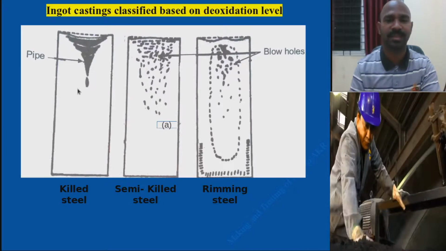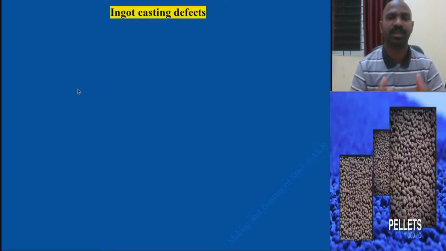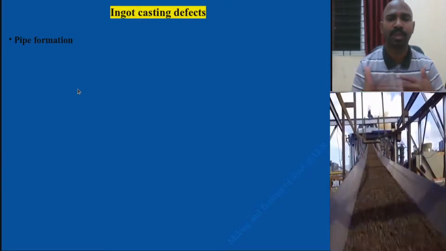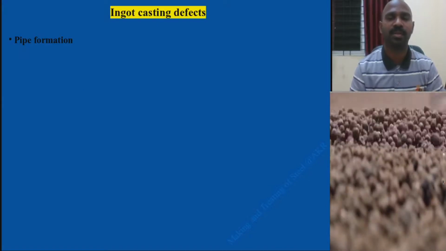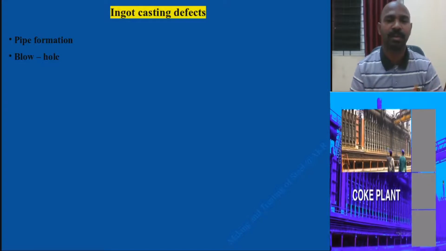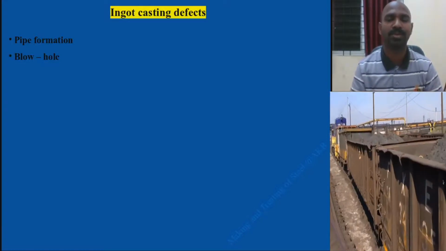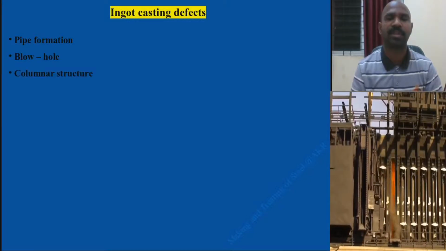Remember these points. Now coming to the conclusion about ingot casting: pipe formation is mainly seen in killed steels, and blowholes are usually observed in semi-killed steel and rimming steels.